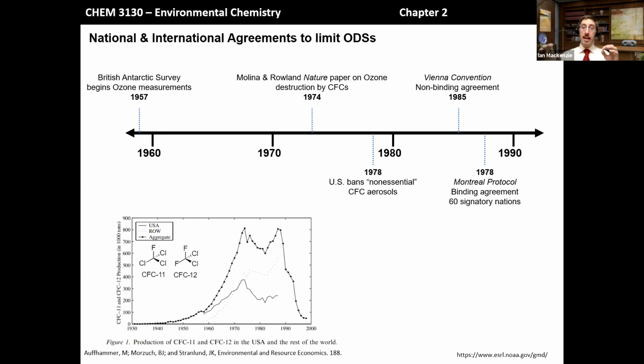And then in the 1970s, the US and a couple other countries started to really back off their production of CFCs through some regulation. And then as the US backed off their production, the rest of the world that didn't have some of these regulations actually increased their production of CFCs in order to meet the demand, kind of to offset some of the demand lost by the US's decrease.